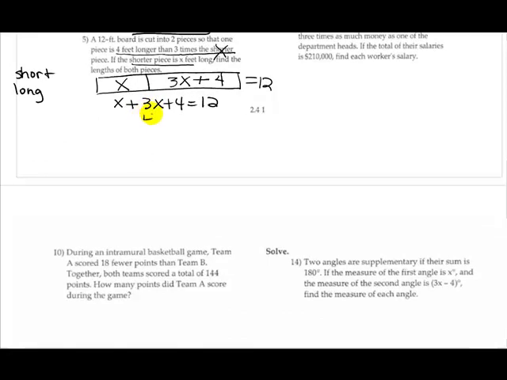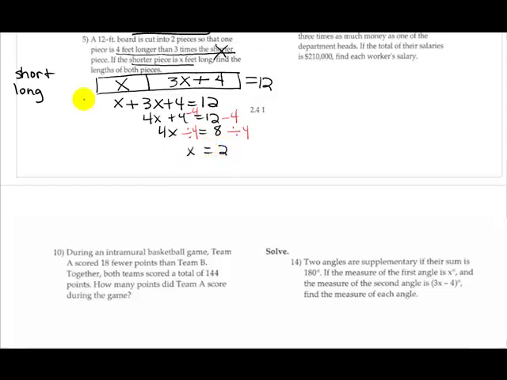Combine like terms. Move the 4 by subtracting. Divide by 4. X is going to equal 2.